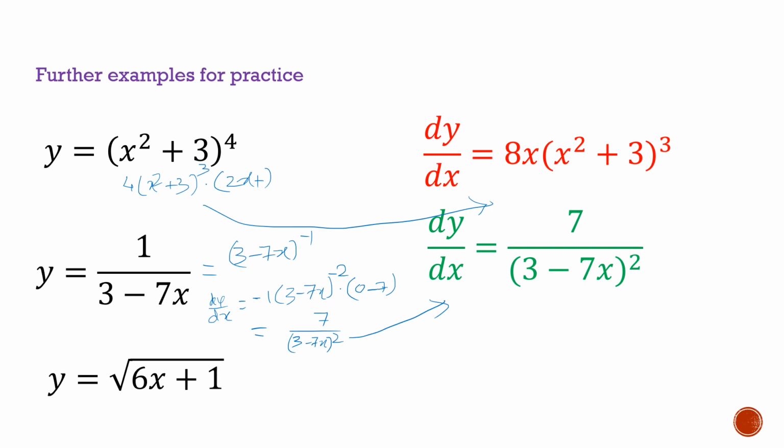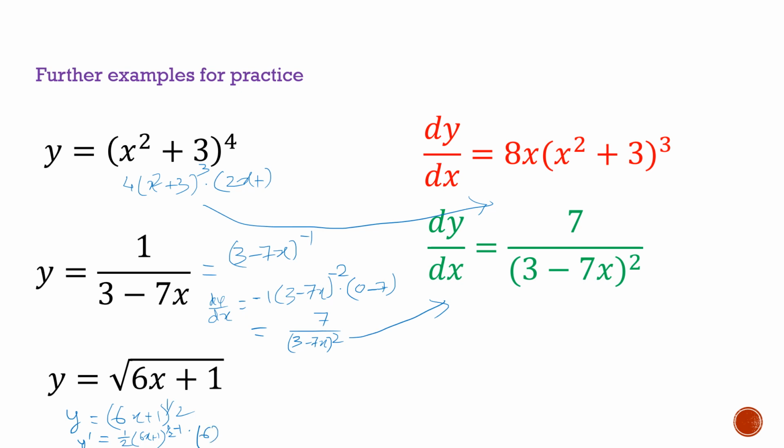Again, for doing this question, you should know exponents and radicals. I can rewrite this function as y is equal to (6x plus 1) raised to the power half. So here the power is a fraction. See what I will get in order to find its derivative. y dash is equal to, first I need to write half, and then (6x plus 1) raised to the power half minus 1, times the derivative of the inside. The derivative of the inside is 6.